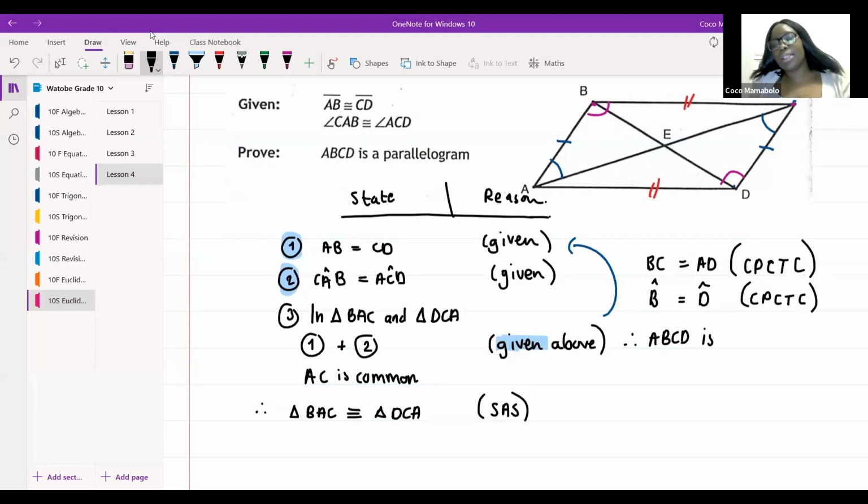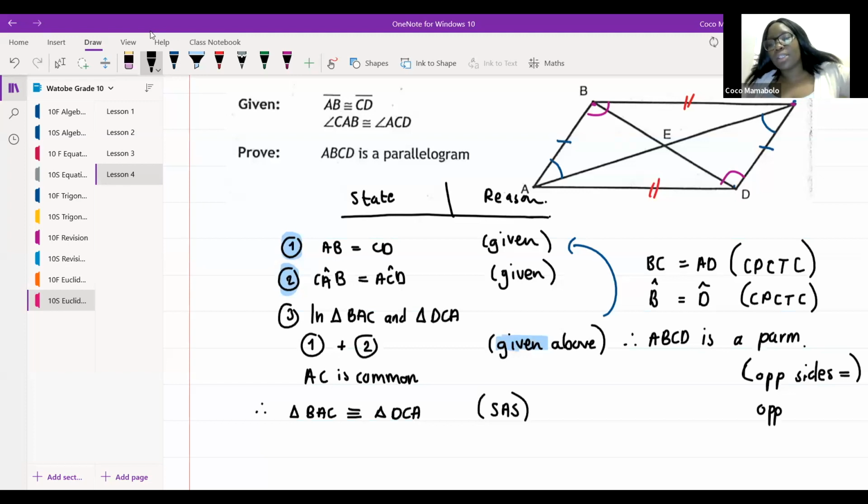And then we can say, therefore, ABCD is a parallelogram. And our reason for this is going to be properties of a parallelogram. Now, we can't just say properties of a parallelogram. We need to state them. I can say opposite sides of a parallelogram are equal.